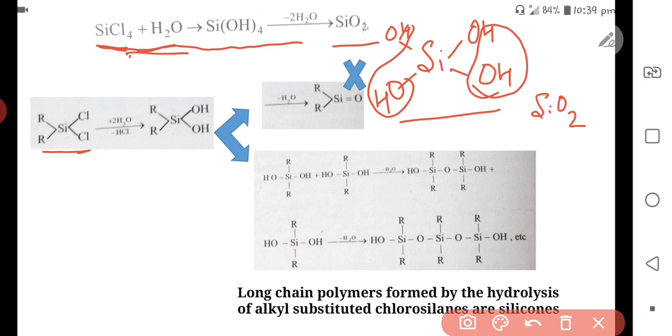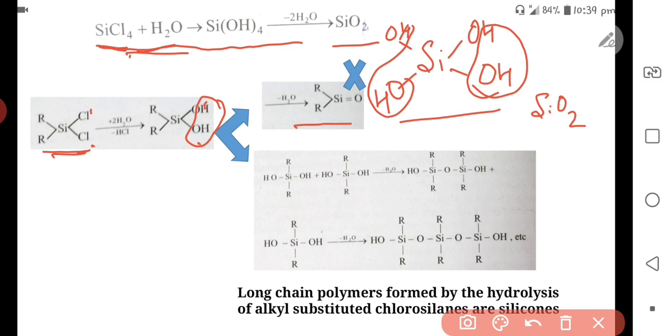Similar to the previous reaction, we expect that if we hydrolyze this compound, the 2 Cl will be replaced by OH groups. As 2 OH groups on one atom is very unstable, it would immediately eliminate a molecule of water to form R2SiO. This compound is expected, but normally we will not get this product.